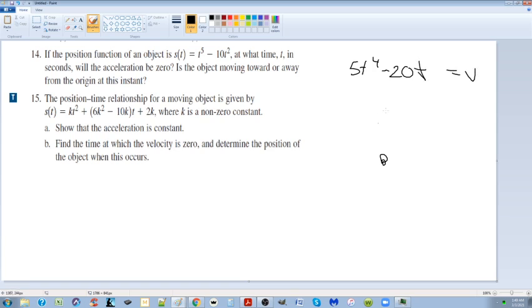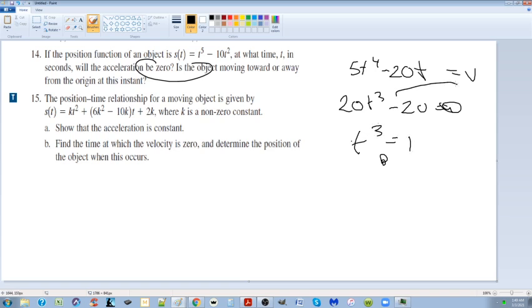So that's velocity. Let's find the second derivative. That's acceleration. When is the acceleration 0? When that's equal to 0. So obviously t squared cubed is going to be 1 because 20 goes to this side. Here, I'll do it out for you.